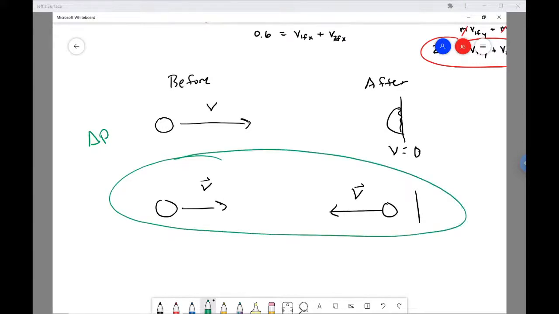This one. This has a larger change in momentum, because momentum is a vector. So direction matters. Put numbers here. If this was traveling at 1 meter per second and was 1 kilogram, its change in momentum would be 1 kilogram meter per second.